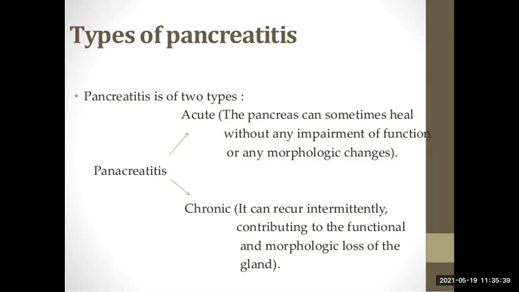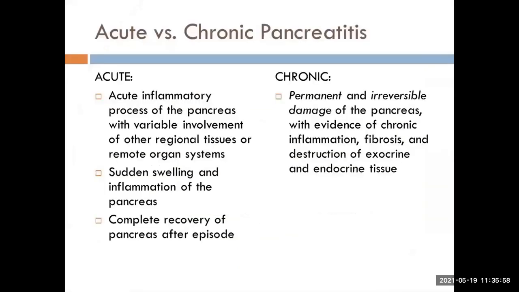In this case, the functional and morphological losses are there. Basically, the morphology of the gland is affected. In case of acute pancreatitis, the pancreas can sometimes heal without any impairment of function or any morphological change.